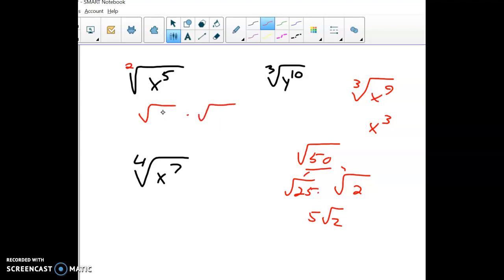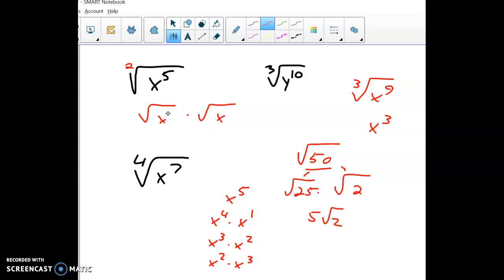What I have to think is, I want to lower this, right? So x to the fifth, you can split into x to the fourth times x to the first, because you'd add the exponents. That is equivalent to this. You could split it into 3 and 2, or 2 and 3, etc. So we're going to break up the x's, put some of them here and some of them here.